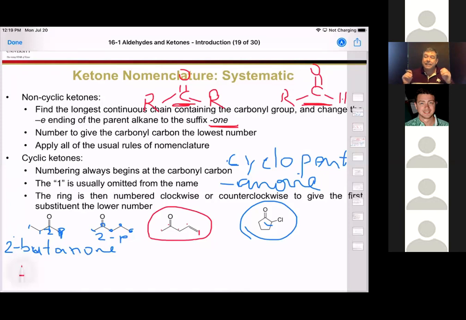That means pentene has to be in the name somewhere. So what we're going to do is make sure that is in there by saying ene-one. The alkene is telling you that there's a double bond in there, but the one is telling you what the name of the compound is for. So it has this group here. So we have to do pentene-one.